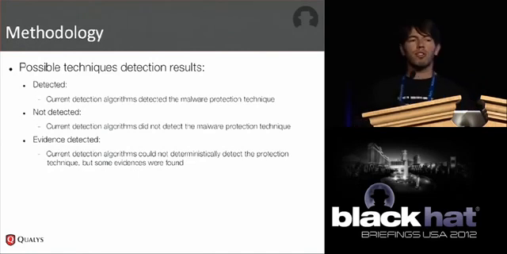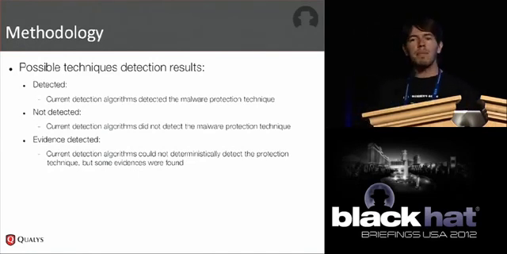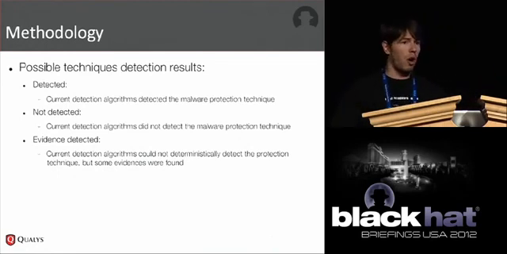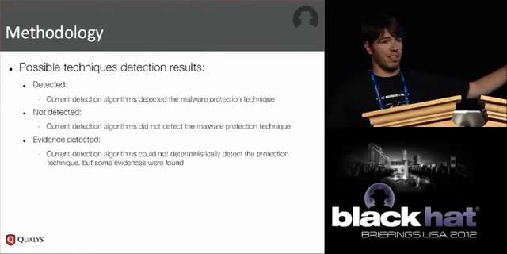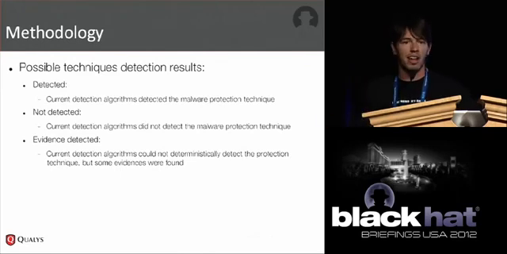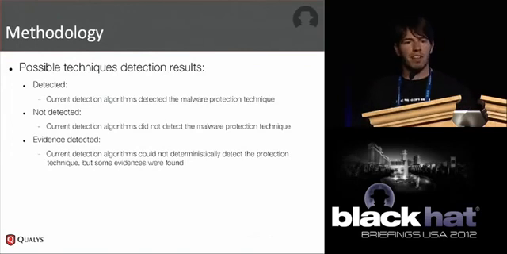But we figured out there is a third one, which is that there is evidence, because sometimes some of the techniques might be used for something that is not exactly the purpose that we defined. In the numbers that we're going to show you, we removed the evidence. So understand that the numbers we're showing are because the technique is there or is not there. It's not that we're guessing it's there or that there's evidence that it is implemented. It's for sure there, okay?